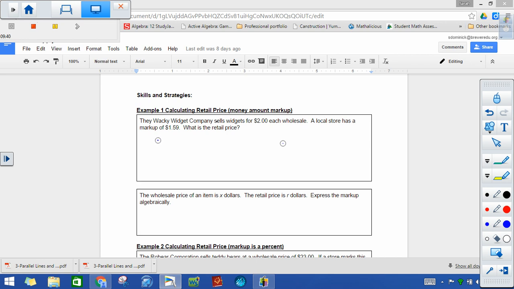So the store's paying $2 for each of these widgets. They're doing a markup of $1.59, so I'm going to add $1.59 to the price. And that's what they're selling them to you and me for. That's what they're getting for a retail price. So $2 and $1.59, that would be $3.59. That's your answer. That's all you have to do.